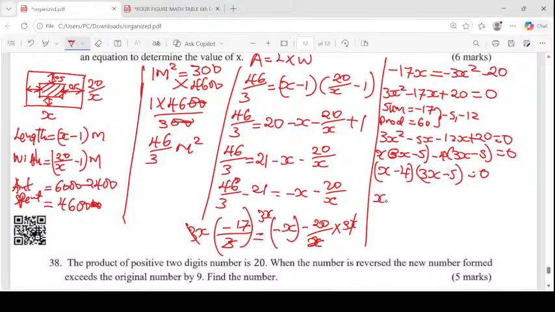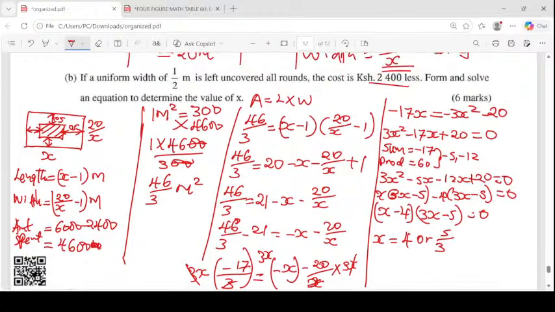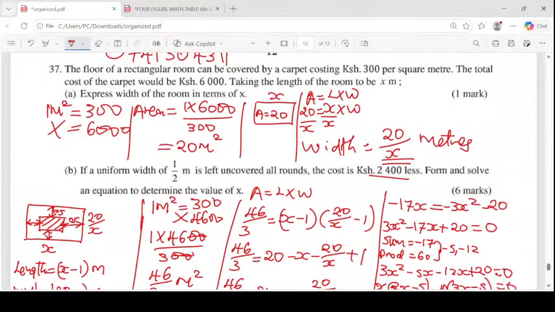This will mean my x here will be 4 or 5 over 3. Those are the possible values of x.